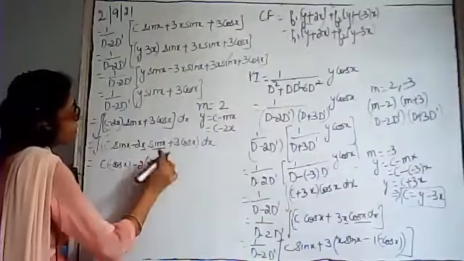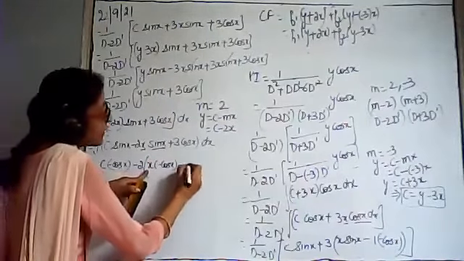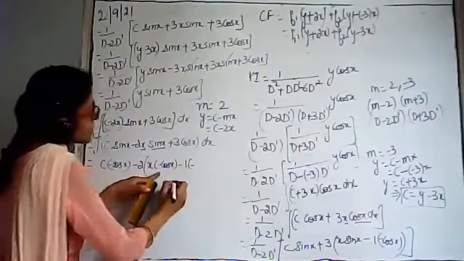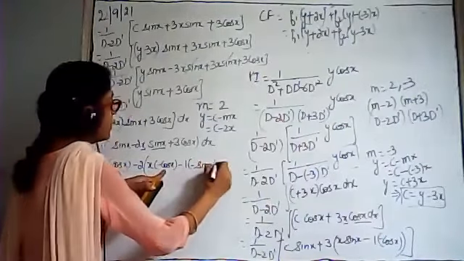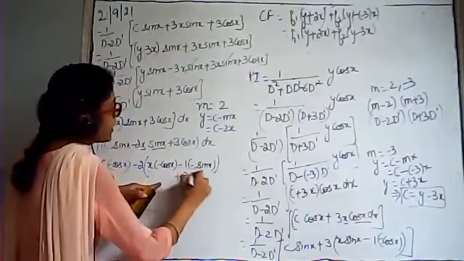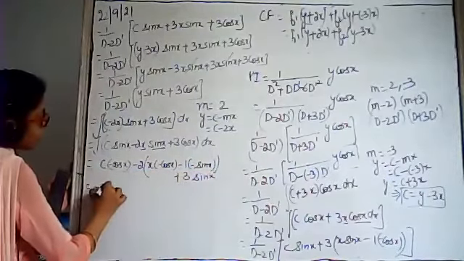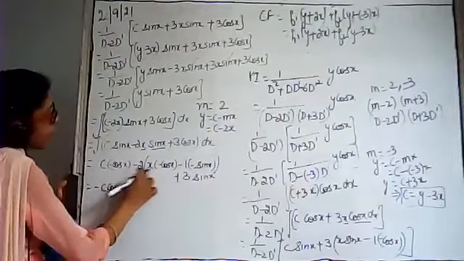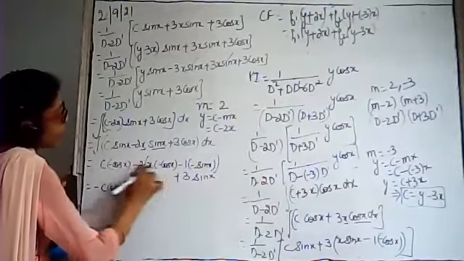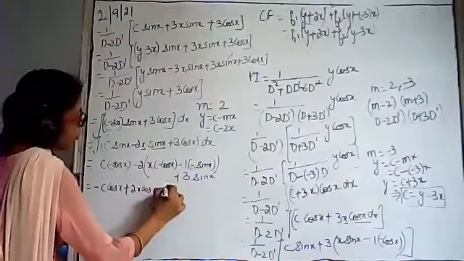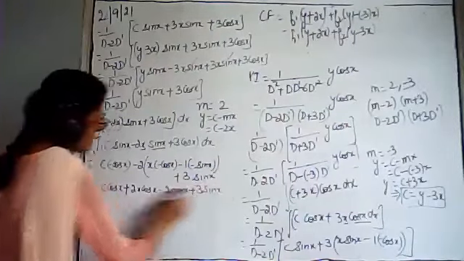The first function will remain as it is. Integration of sin x will be minus cos x, minus, differentiation of x is 1. This minus sign will remain as it is, and integration of cos x is sin x, plus 3, integration of cos x is sin x. Open all the brackets. Minus c cos x, minus and minus will be plus 2x cos x, minus and minus, it will be minus 2 sin x plus 3 sin x.